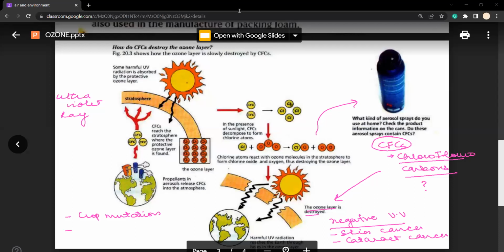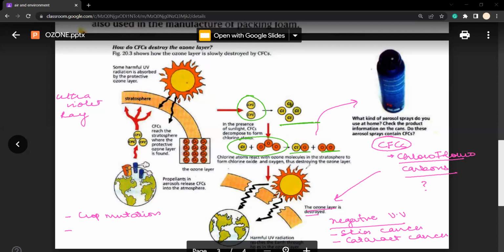Now let's look at the chemical reaction which leads to the depletion of the ozone layer. Actually, what happens here, the CFCs, which are chlorofluorocarbons, in the presence of the sunlight, liberate chlorine atoms, right? These chlorine atoms, when combined with the ozone, form chlorine oxide and oxygen.